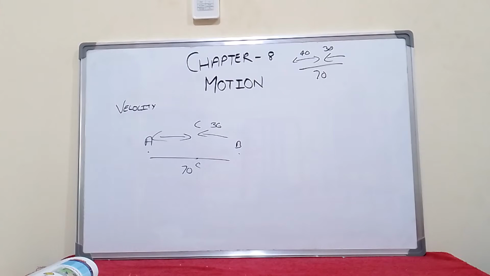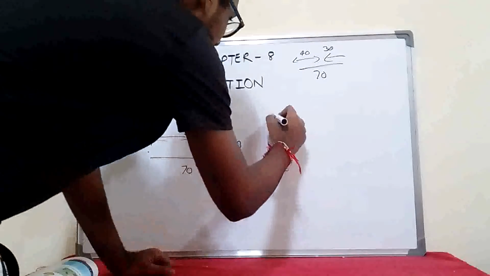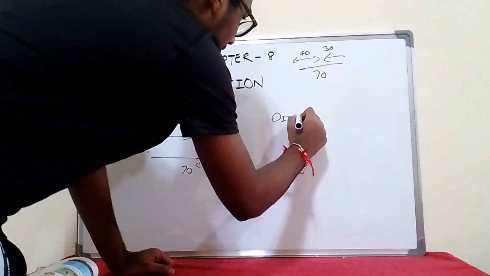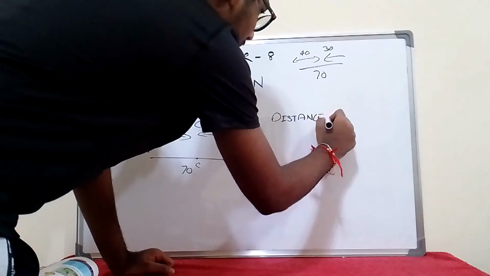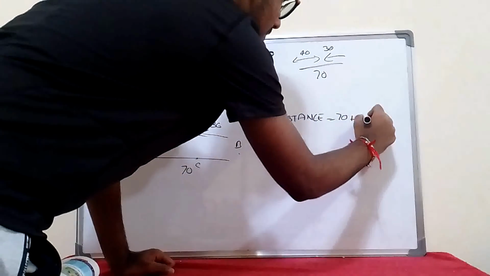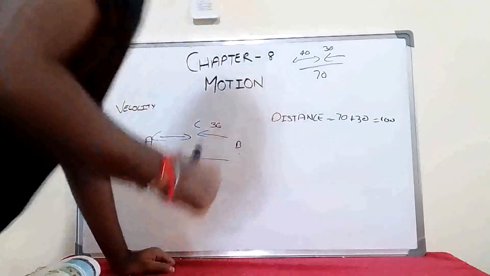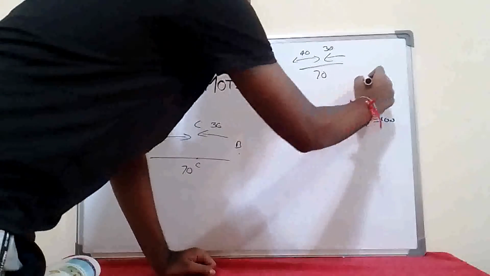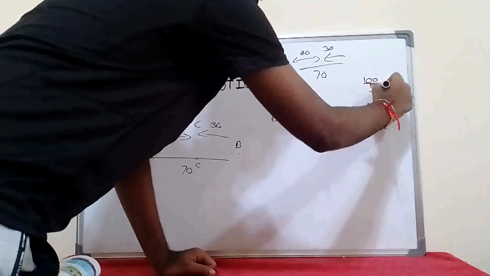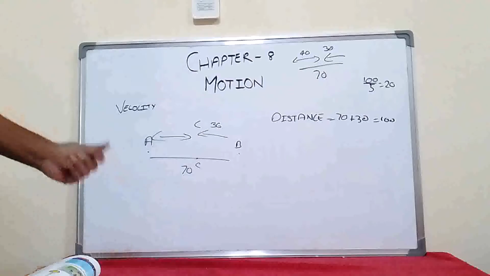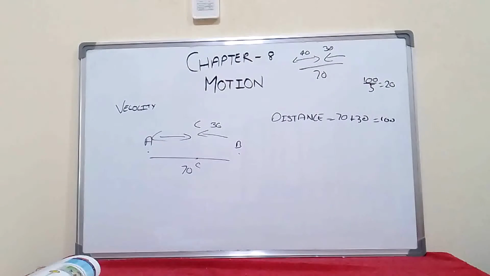So when you calculate speed, you will take the distance as 70 plus 30 equals 100 kilometers. So what's the speed going to be? Speed is going to be 100 by 5 equals 20. But here, velocity means distance with direction, which is displacement.